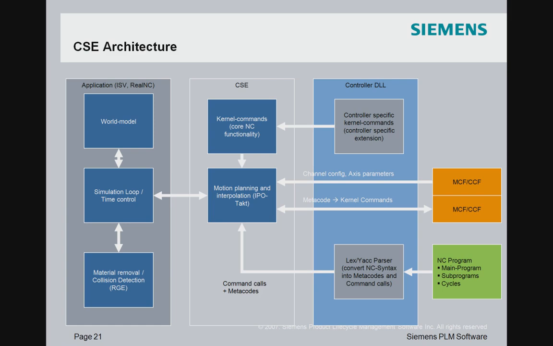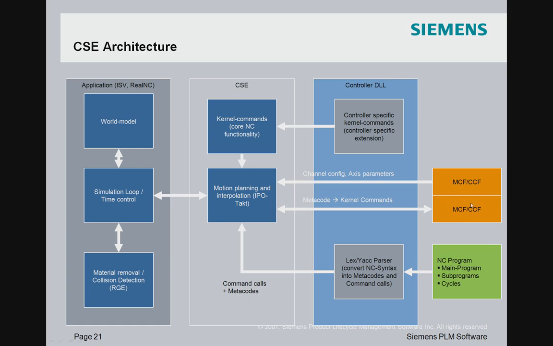That is something that does not need a configuration. Assigning a value to a variable is something that CSE knows how to handle. So that's something where you don't need a configuration in your MCF file. So that produces a command call. Everything that requires a configuration will produce a metacode.